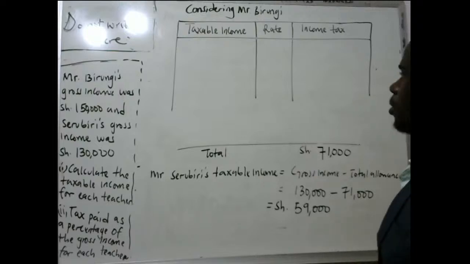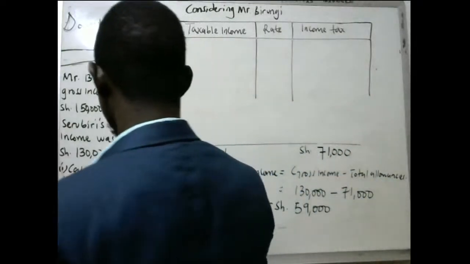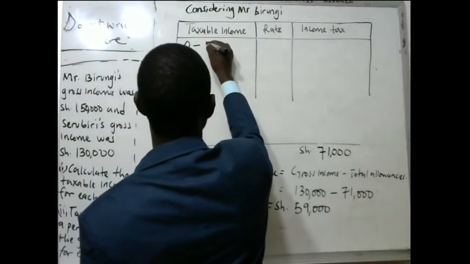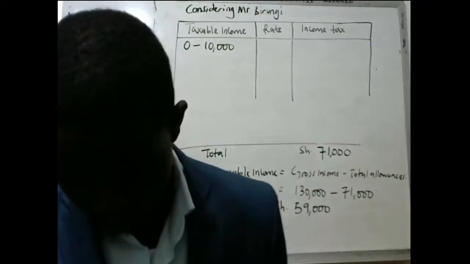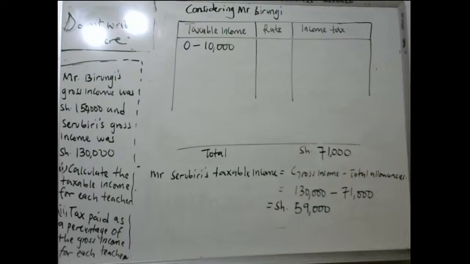So, the taxable income, they are telling us that Mr. Birungi, of the first shillings, so from 0 to 10,000. Because there is a statement in here which says first shillings 10,000 of the taxable income, okay? The tax is 20%.